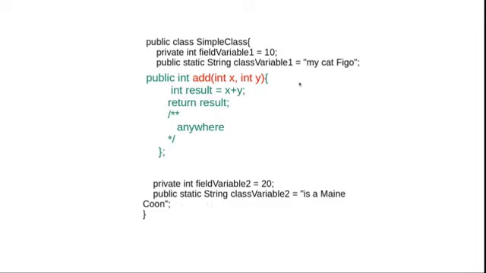I could have all these on the top, and you would usually write it that way. I'm just showing you that you can put it there or there, but I tend to put all my variables on the top and then my methods below it. It's just neater. You could put all your methods first and then your variables at the bottom, or you can mix it if you want, because Java doesn't mind.